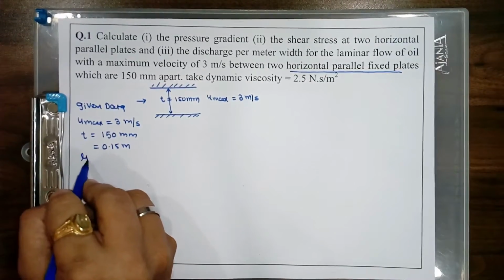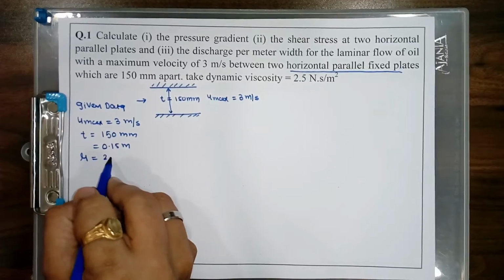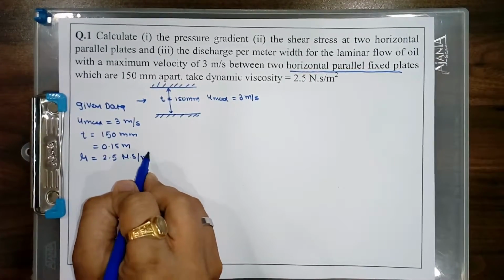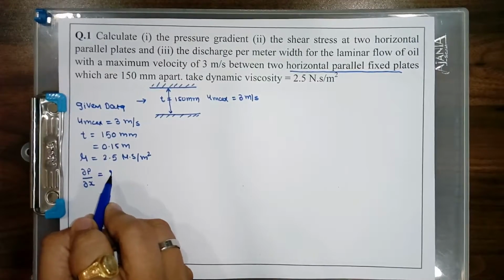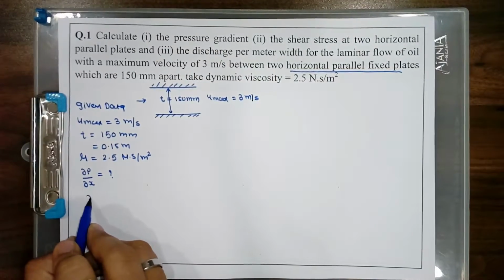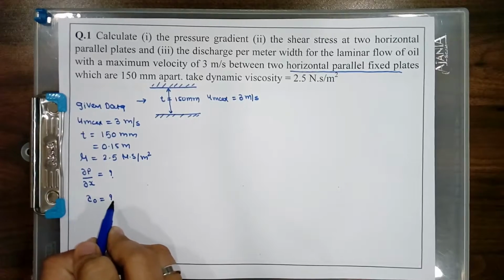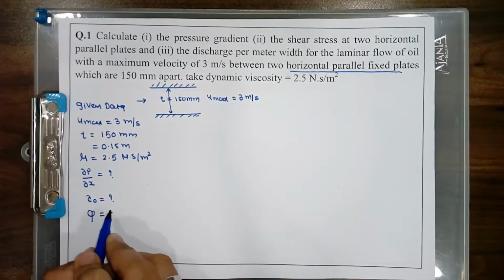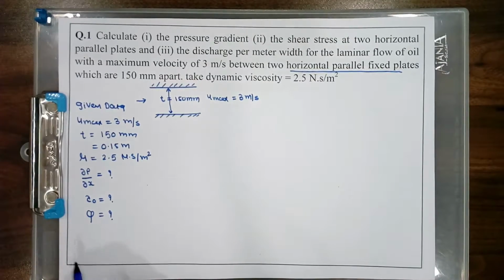Then mu is given, that is 2.5 Newton second per meter square. We need to find the pressure gradient dP by dx, then shear stress at wall, which is indicated by tau naught, and the discharge per unit width, that is Q.